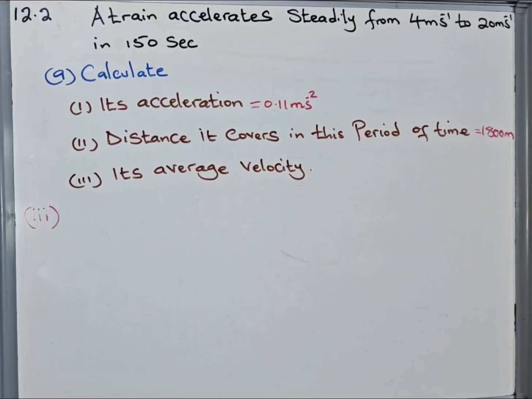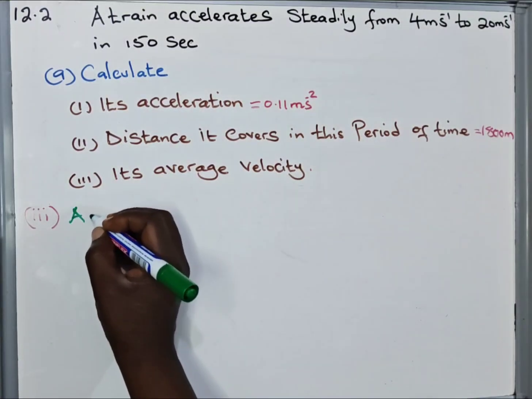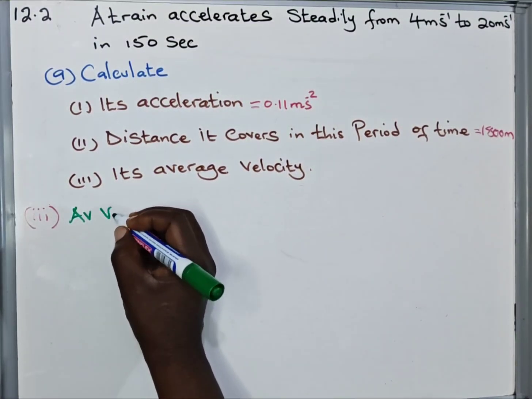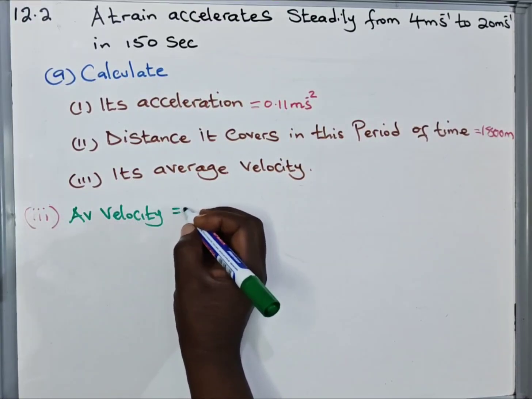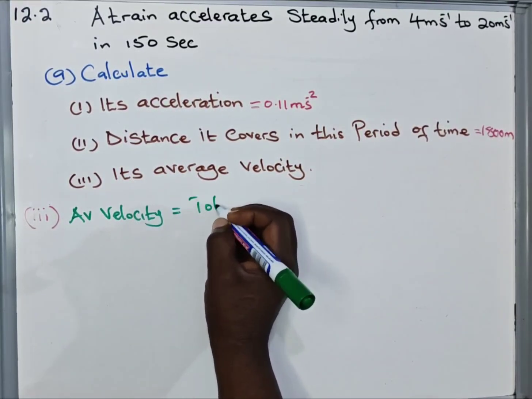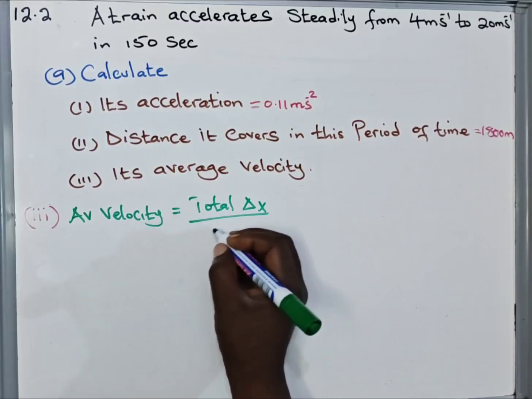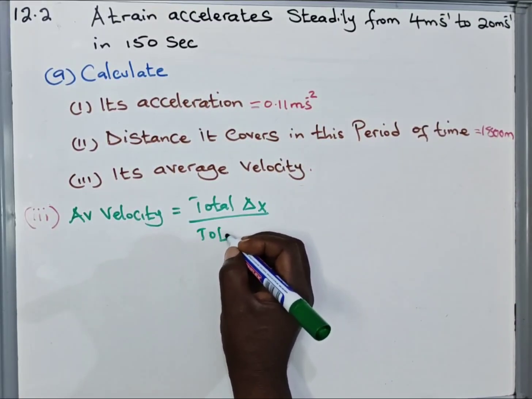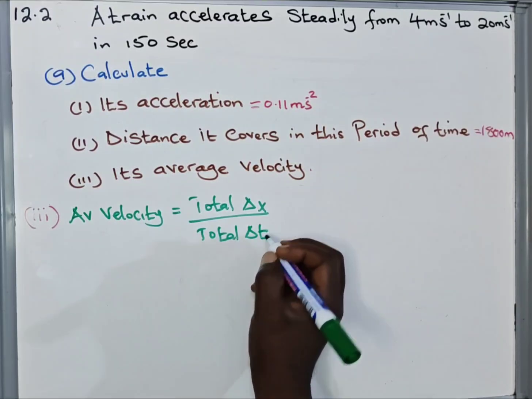In this case, we have two approaches. The first one, we looked at before. It says that average velocity is equal to total displacement over total change in time.